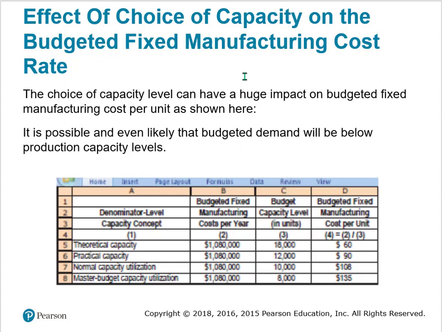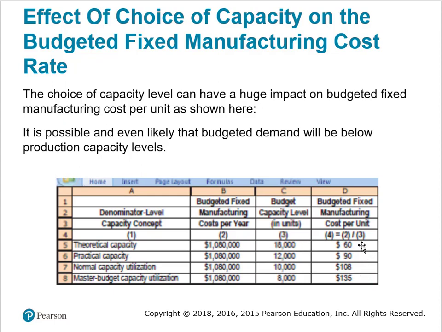So this is the effect of the choice of capacity on the budgeted fixed manufacturing overhead cost rate. And as you can see from this chart, choosing between the capacity levels, so here we've got theoretical, practical, normal, and master budget. Here's our budgeted fixed overhead, so that's the same. Here's the capacity level. So for master budget driven, it's 8,000. For theoretical, 18,000.